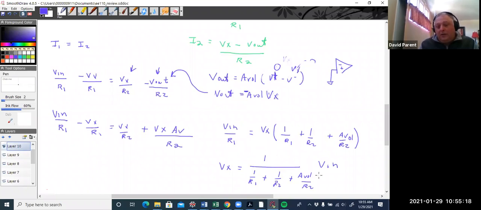But now we're going to let the open loop gain go to infinity, right? Well, if that happens, Vx goes to 0. Now, truthfully, it doesn't really go to 0. It just goes to a very small value, okay? But we can approximate it as 0.